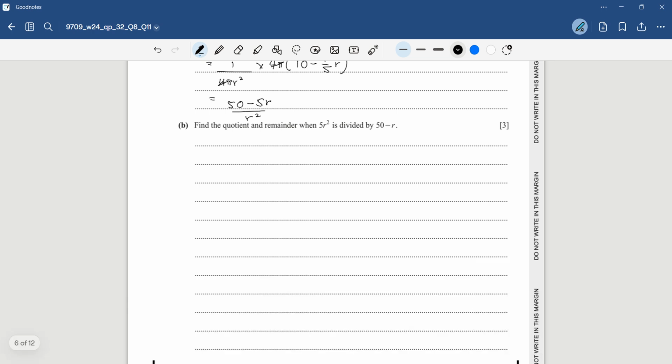and find the quotient and remainder when 5r squared is divided by 50 minus r. So I prefer to do long division, or you can use the comparing coefficients method if you want. I will show you the long division, which is simpler for me.